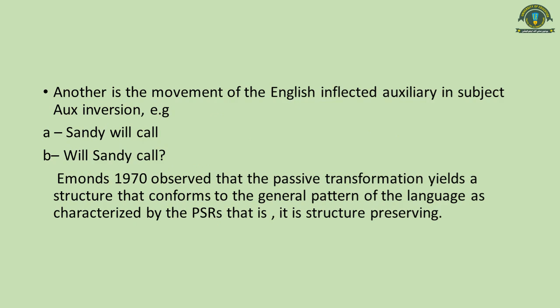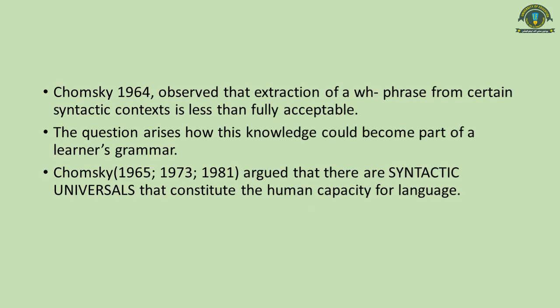Emonds in 1970 observed that the passive transformation yields a structure that conforms to the general pattern of the language as characterized by the PSRs, that is, it is structure preserving. Chomsky in 1964 observed that extraction of a WH phrase from certain syntactic contexts is less than fully acceptable.